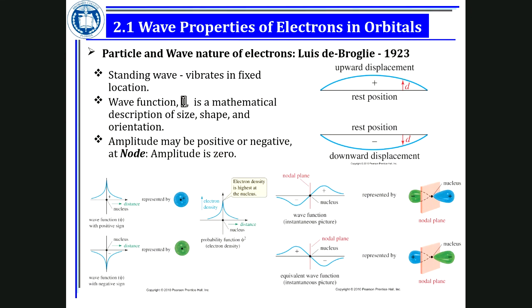The orbital from one atom of one element and the orbital of an atom from another element can overlap. When they do overlap, there are two types of overlap. Sometimes the overlap is constructive, and other times the overlap is destructive.